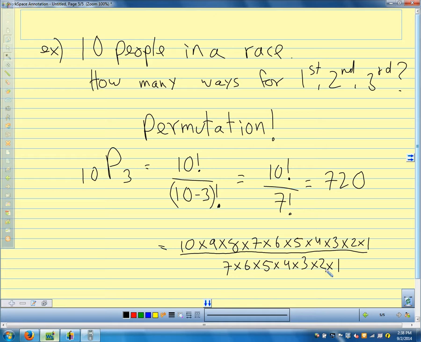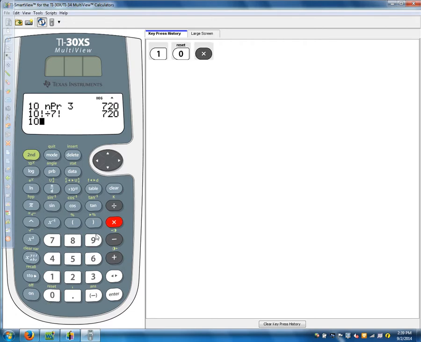Anybody see a shortcut here for this last calculation? You cross out 7, 6, all the way down both sides. This is the same in the top and the bottom. So we can cross those out. And I just have 10 times 9 times 8. If I couldn't remember how to use this in my calculator, 10 times 9 times 8, 720. Any of those three ways works.